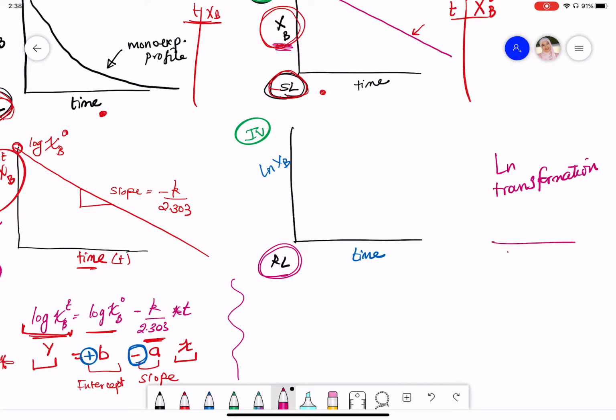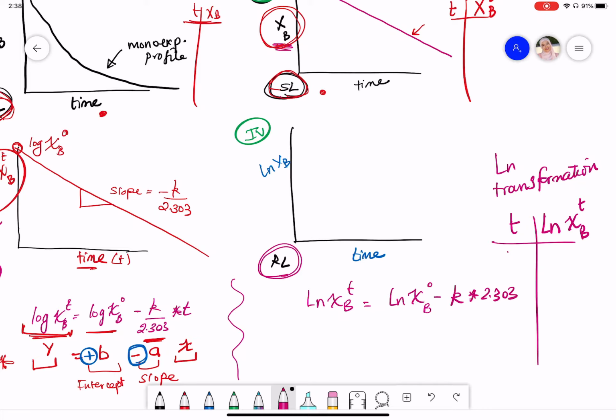which means that I'm transforming the amount that we have at certain time to its ln terms versus time. And if we write the equation, ln Xp at certain time equals ln X naught minus k multiplied by the time. If we go back to our linear equation, y equals, this is mistaken, I'm sorry for that.